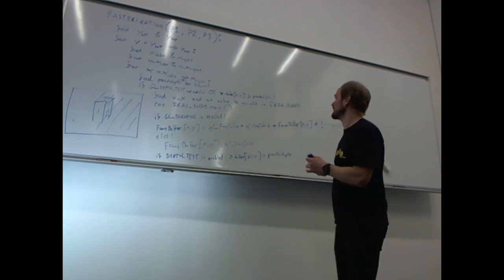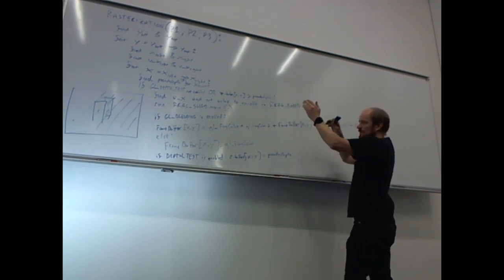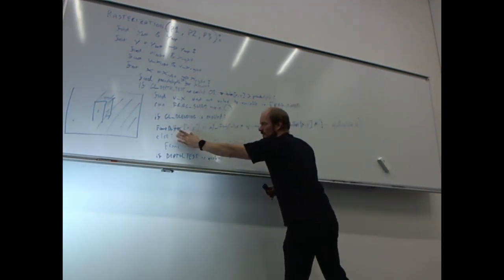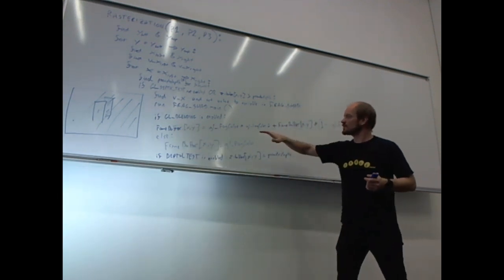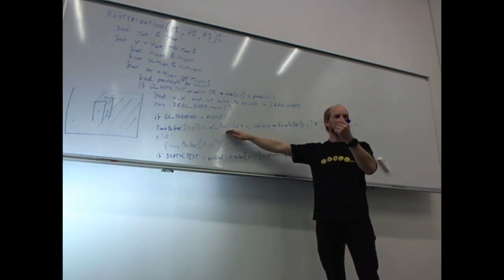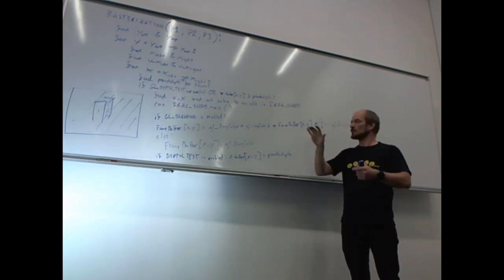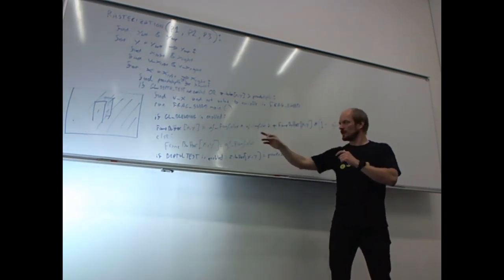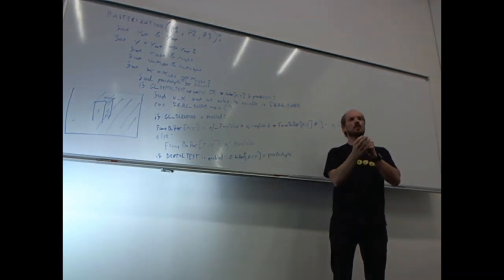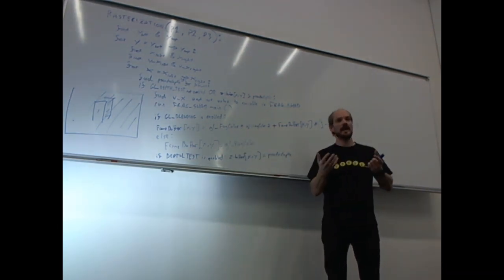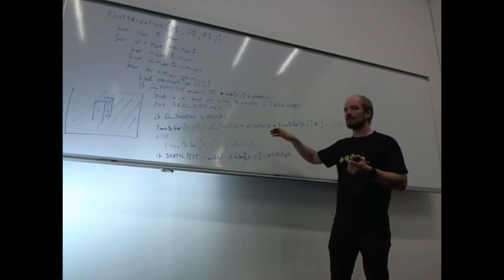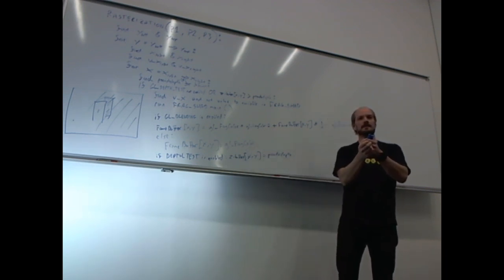Okay, so we're basically saying whatever we send into the frame buffer now is a weighted average of the fragment that we have now and the fragment color that's already here. We have a fragment color that's already here. We have a fragment color that we're sending in. We take a weighted average of the two. What decides this weighted average is the alpha value of what we're putting in.